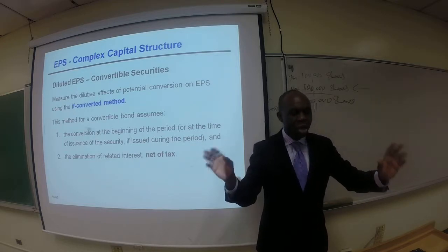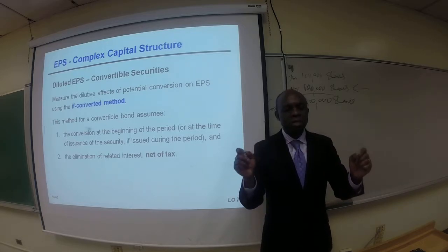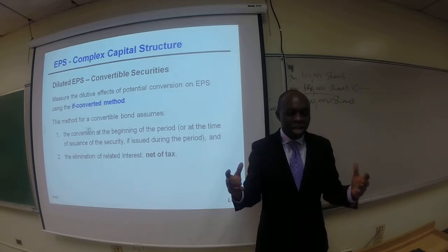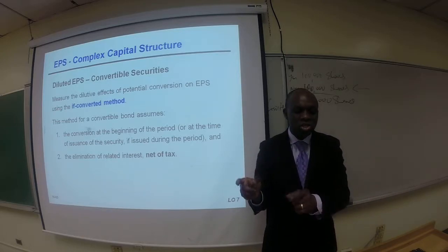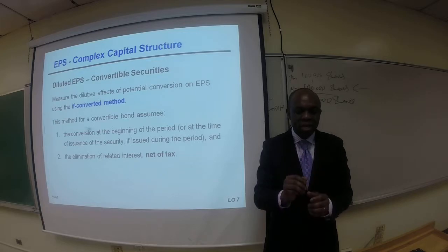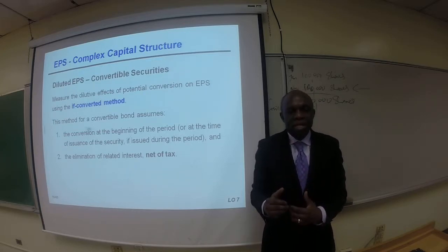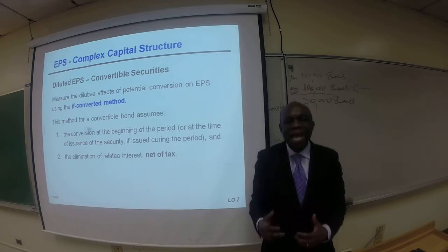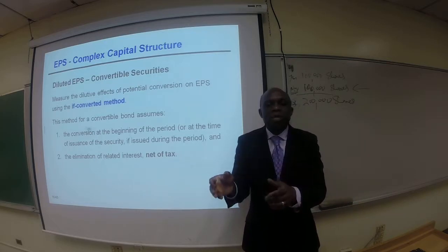I want you to know how they came up with the name of the method. They said if converted. Well, the assumption here is, you need to catch this, that if the securities are converted, how would EPS be impacted? How would EPS be diluted? And that is why they call it if converted method.